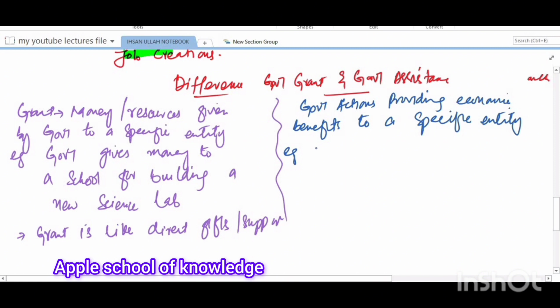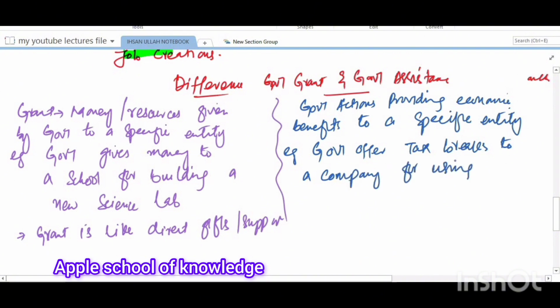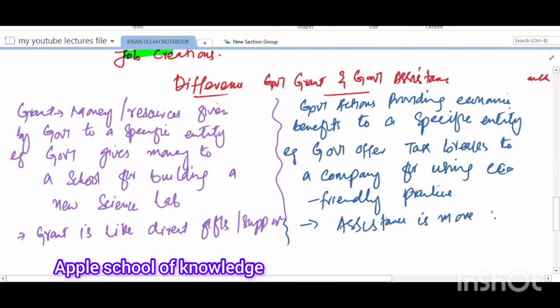For example, government offering tax breaks to a company for using eco-friendly practices. So this is the difference between the government grant and assistance. Assistance is more general. Clear?